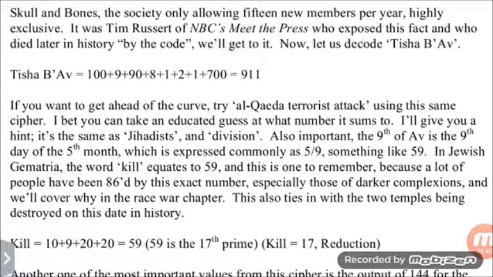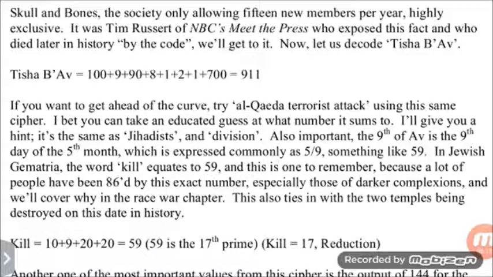Also important, the 9th of Av is the 9th day of the 5th month, which is expressed commonly as 5/9, something like 59. In Jewish gematria, the word kill equates to 59, and this is one to remember because a lot of people have been 86'd by this exact number, especially those of darker complexions, and we'll cover why in the race war chapter.